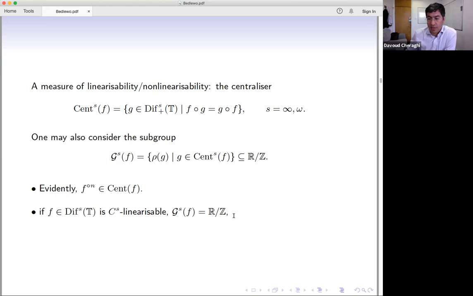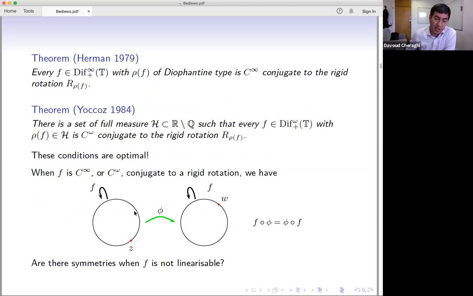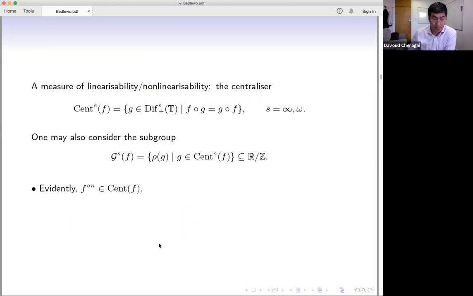It takes every value. So this is what I have in this picture. In the linearizable case, I can map any Z to any W by the same regularity as F.